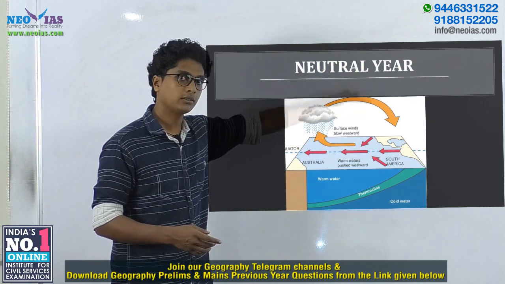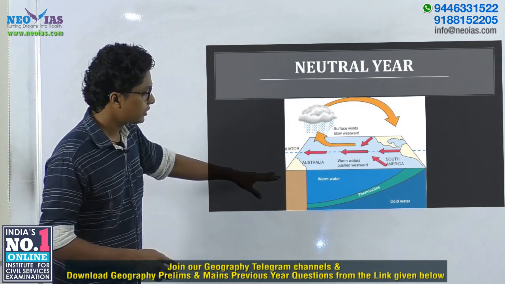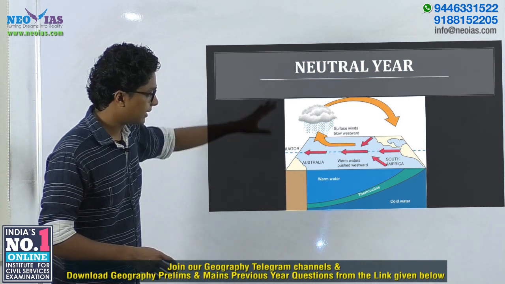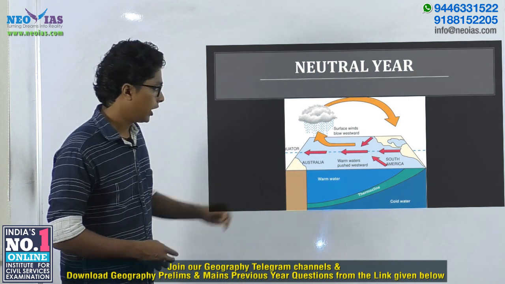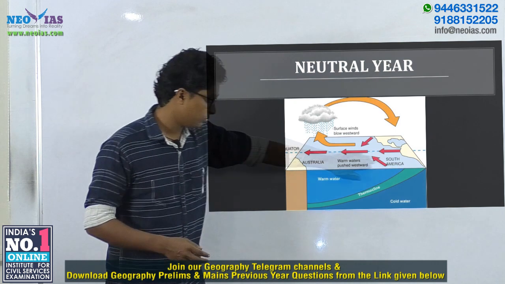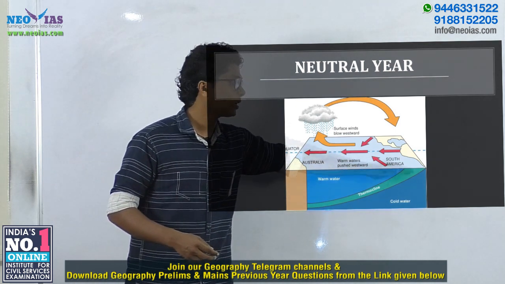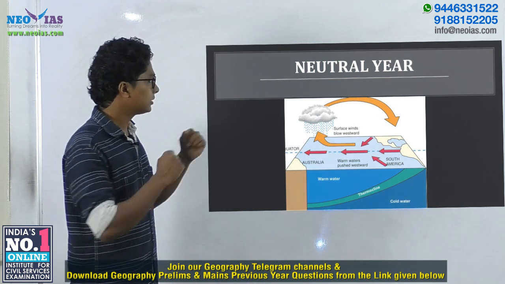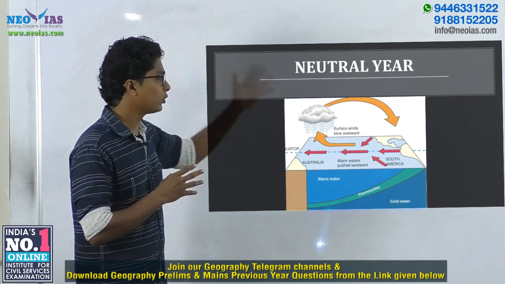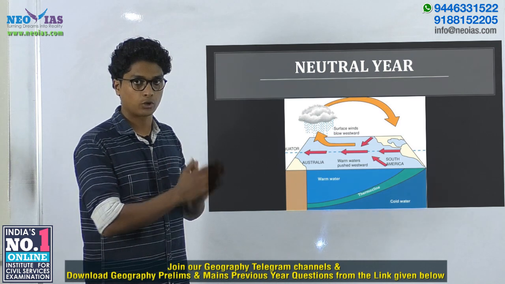The circulation is called Walker circulation. And here you can also find the case of ocean water, because the warm surface water is moving towards the west. In order to compensate that, the cold water will be coming upward. Okay, so this is a case of a neutral year or normal conditions in the equatorial water.